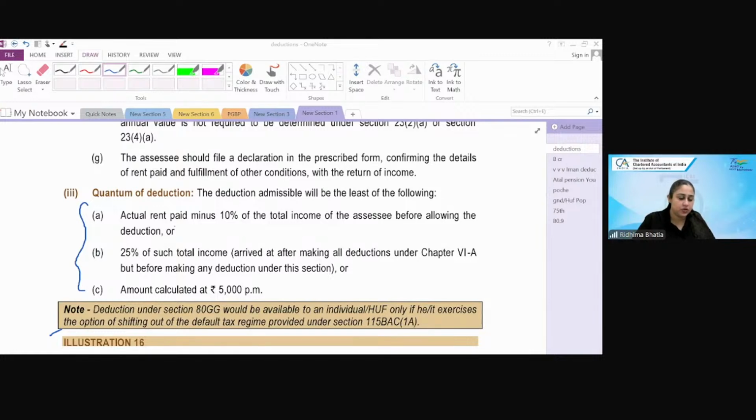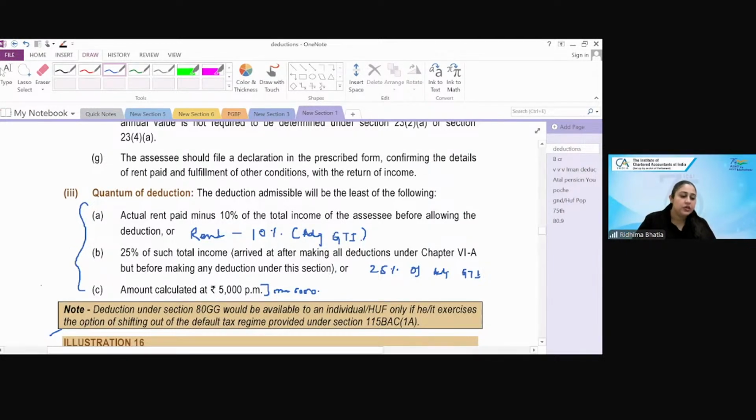We write it like this: rent paid minus 10% of salary. For HRA exemption it is different, but here it is rent minus 10% of the adjusted total income, adjusted gross total income. I'll tell you how. Or 25% of adjusted gross total income, or 5,000 per month, which is maximum 60,000. So in any case, the maximum deduction you can have in this particular section is 60,000. Even if you have a higher rent, only 60,000 will come.